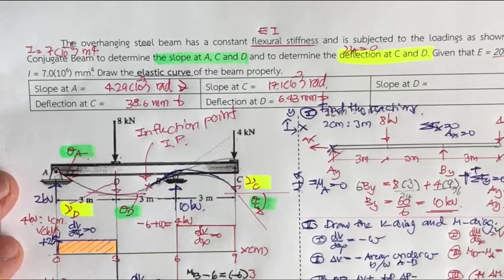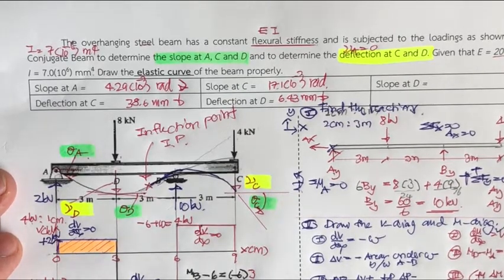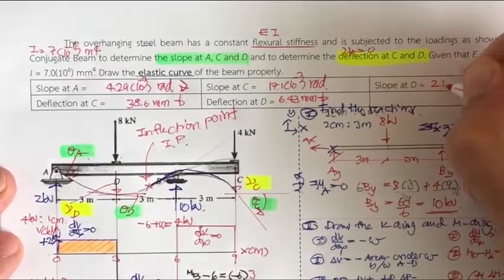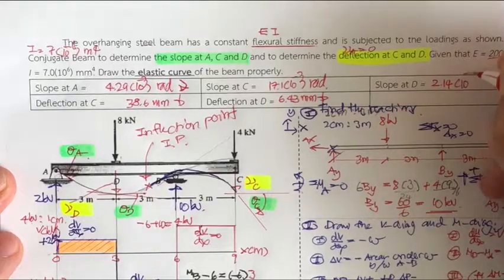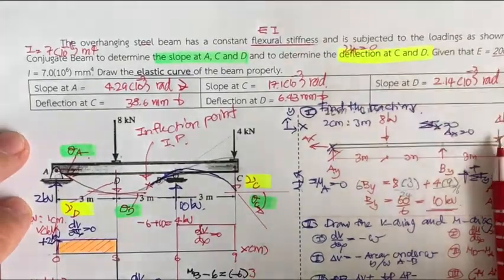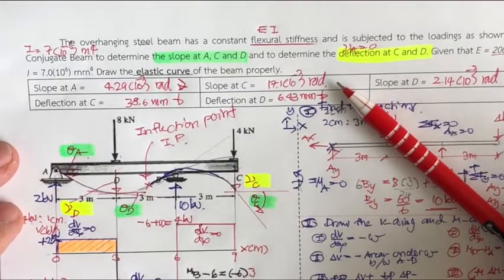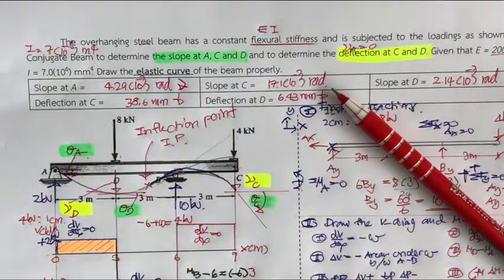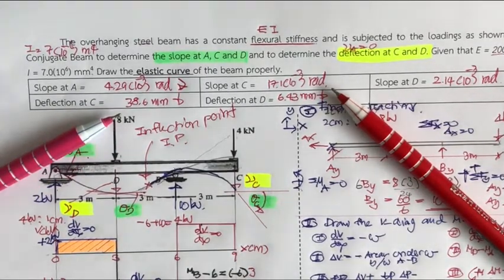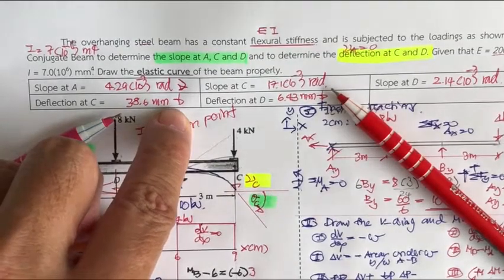And slope at D is going to be 2.14 times 10 to the minus 3 radian. From this calculation you can see that C is going to have very large deformation and slope, and it is going to go downward.